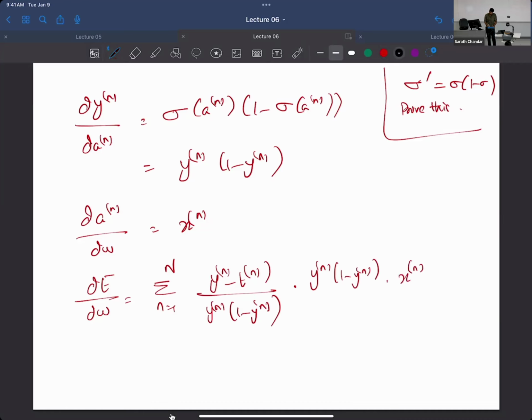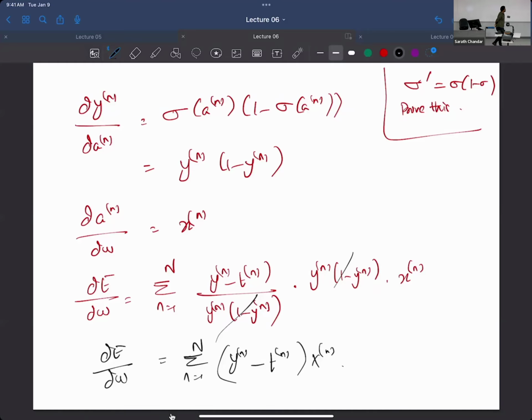So you could cancel these two things. So this becomes dou E by dou w equal to the summation n equal to 1 to capital N of yn minus tn times xn. Is that clear?